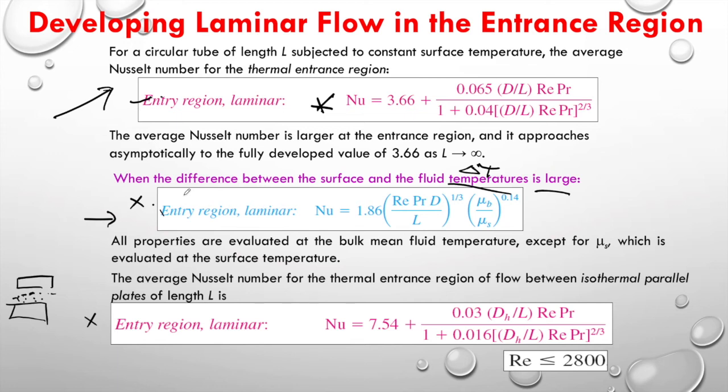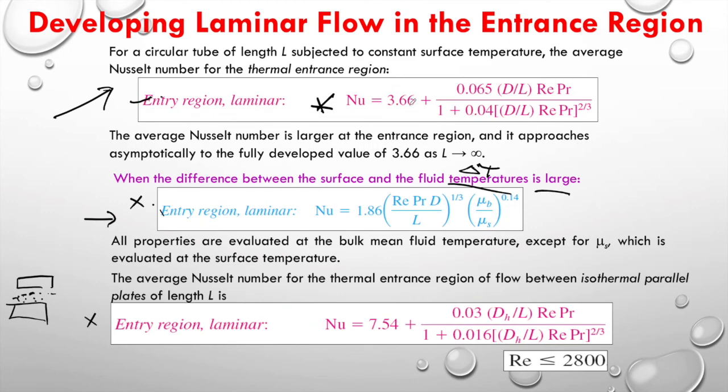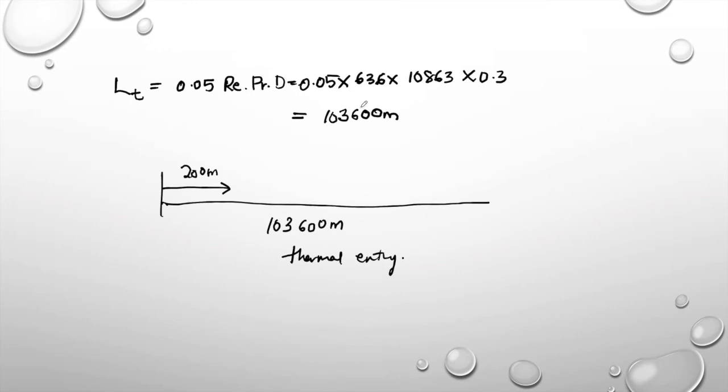Okay. Under the developing laminar flow, we will use the entry region laminar Nusselt number equal to 3.66 plus this equation. So substitute into this equation, find what is the Nusselt number.